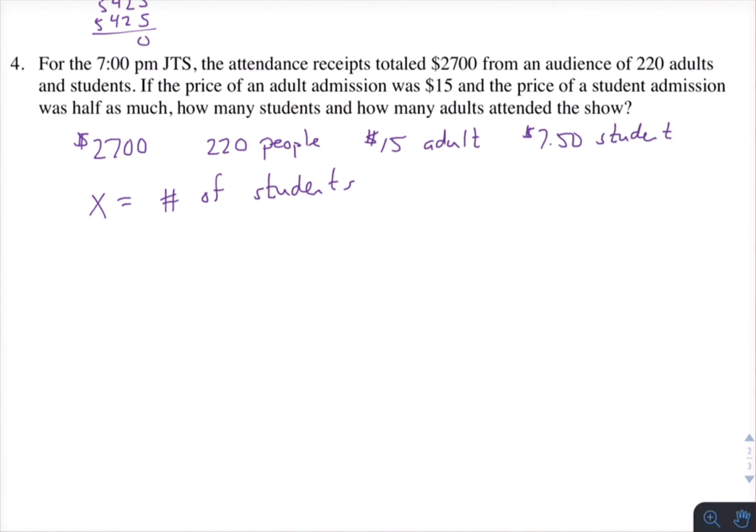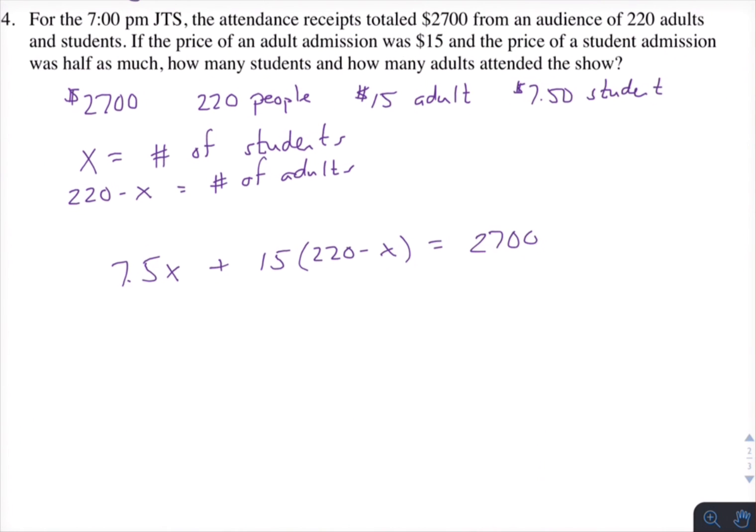And so we will have 7.5 times x. And let's just scoot that down so we have room, because the other unknown that we're being asked for is 220 minus x, which is going to be the number of adults. So it's 15 times 220 minus x, and that's going to equal 2,700.